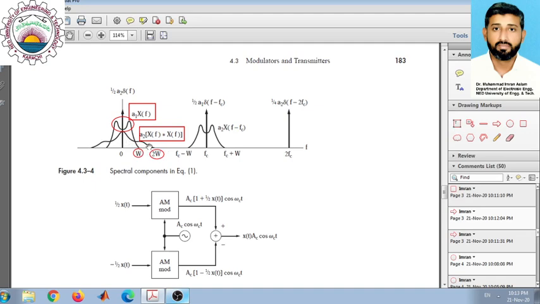So the overall bandwidth is now 2w for this xf convolution with xf. So you can see that the first two terms are dependent on the signal, and they occupy a frequency band of up to 2w, which is double the bandwidth of the message signal.